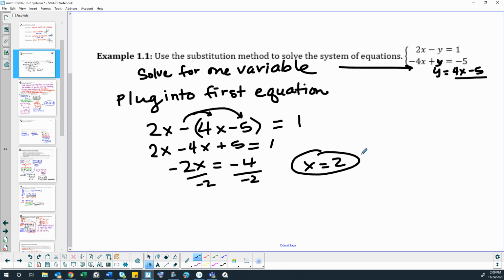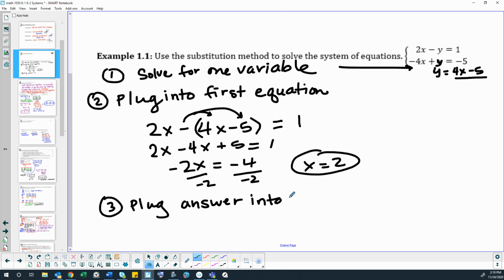Now that we have that answer, we can plug it back in. So we solved for one variable, we plugged it in, we solved for one equation. Now we're going to plug our answer into the second equation. Now when I say first equation, second equation, that's just for this problem. It really doesn't matter which equation you start with and which one you plug into which.